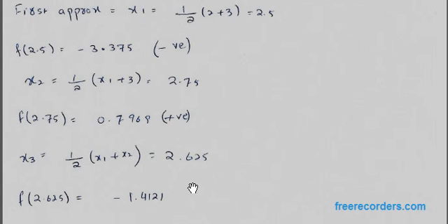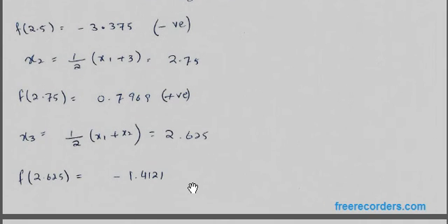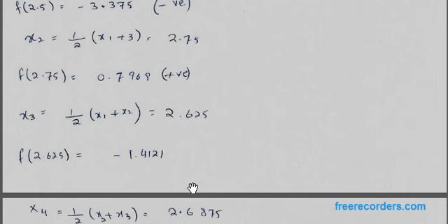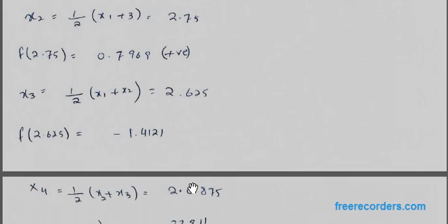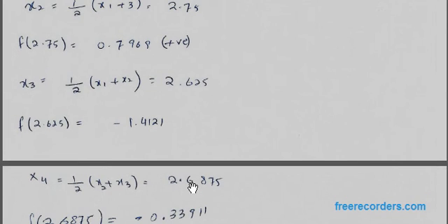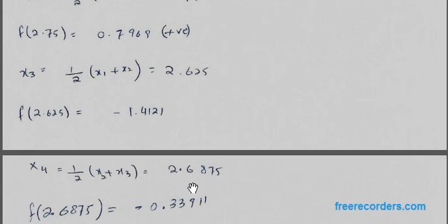At f of x3 the function has a negative sign again. As you can see, we try to go as close as possible to the value of x which gives a function value of 0. Again we do the same thing for my fourth iteration, which is half times x2 plus x3, and my fourth root will be 2.6875.